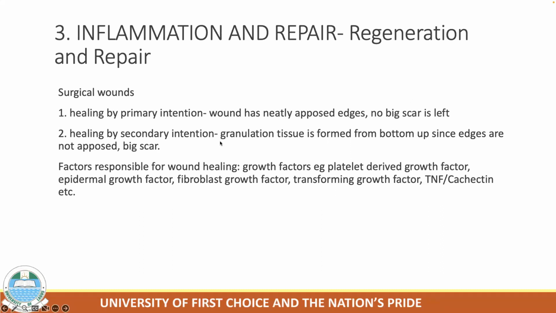At this point, granulation tissue is formed from bottom up since the edges are not properly opposed, and this leaves a big scar. The factors responsible for wound healing are growth factors like the platelet-derived growth factor, epidermal growth factor, fibroblast growth factor, transforming growth factor, TGF, and TNF, and cachectin. These are important for growth and healing.